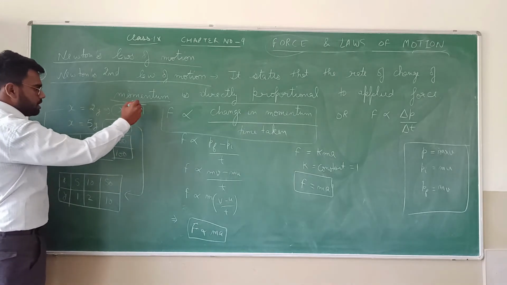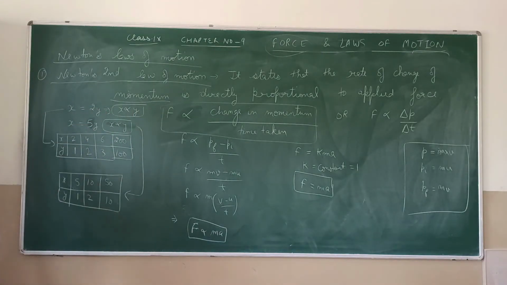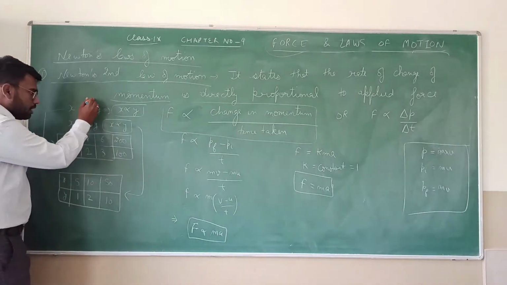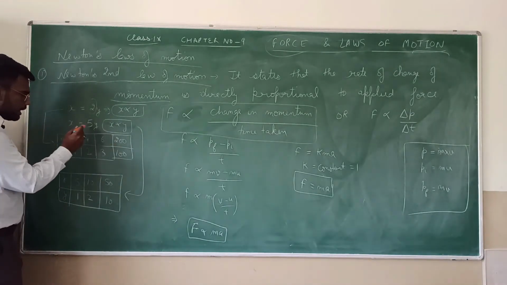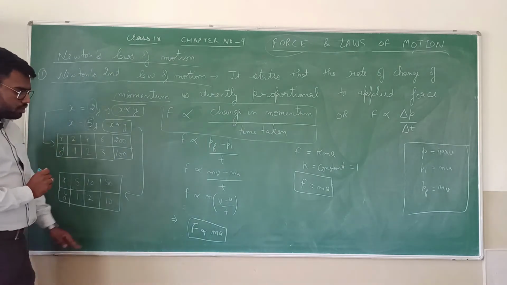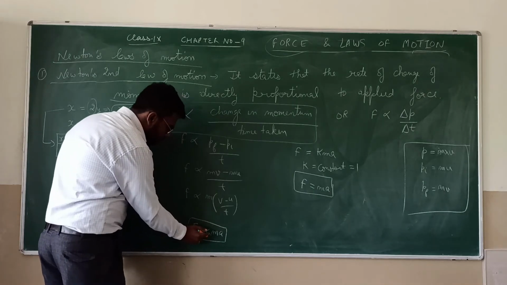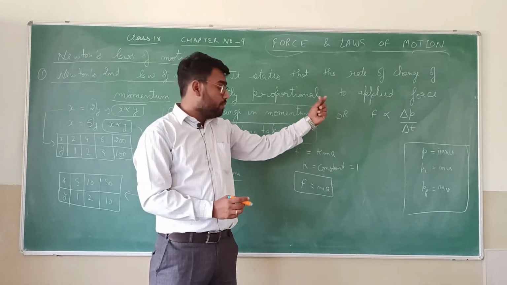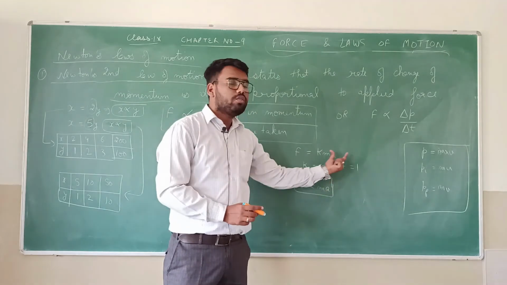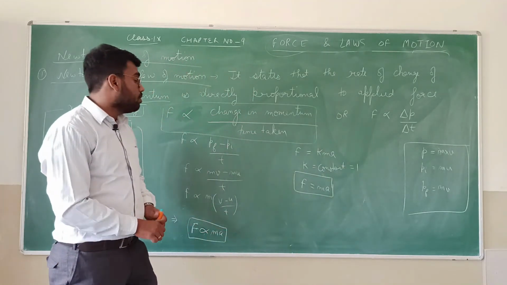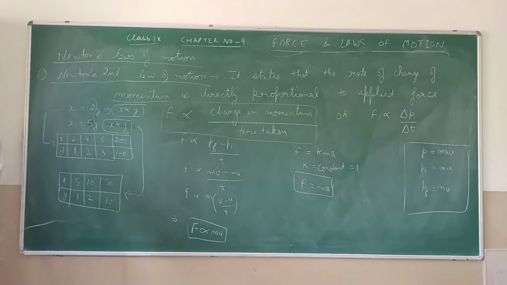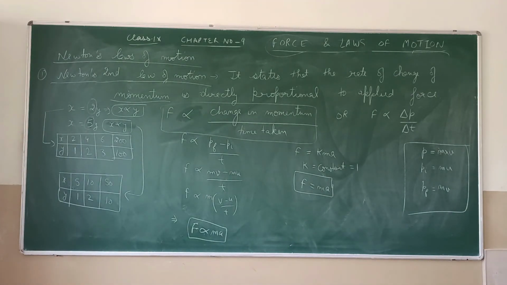In both cases x is proportional to y, but for the first equation the constant is 2, and for the second equation the constant is 5. For Newton's law we don't know the constant, so we put it as k, and when we perform experiments we get the value of k as 1. So this is Newton's second law of motion: when we apply a force, it changes the momentum, and the rate of change of momentum is directly proportional to the applied force.